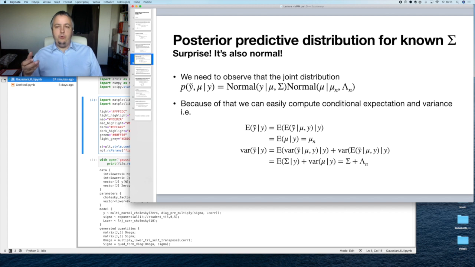We can even compute analytically the conditional expectation and conditional variance, which is very convenient, because then we can easily get the summaries of the posterior predictive distribution. So the case of known covariance is very, very simple.